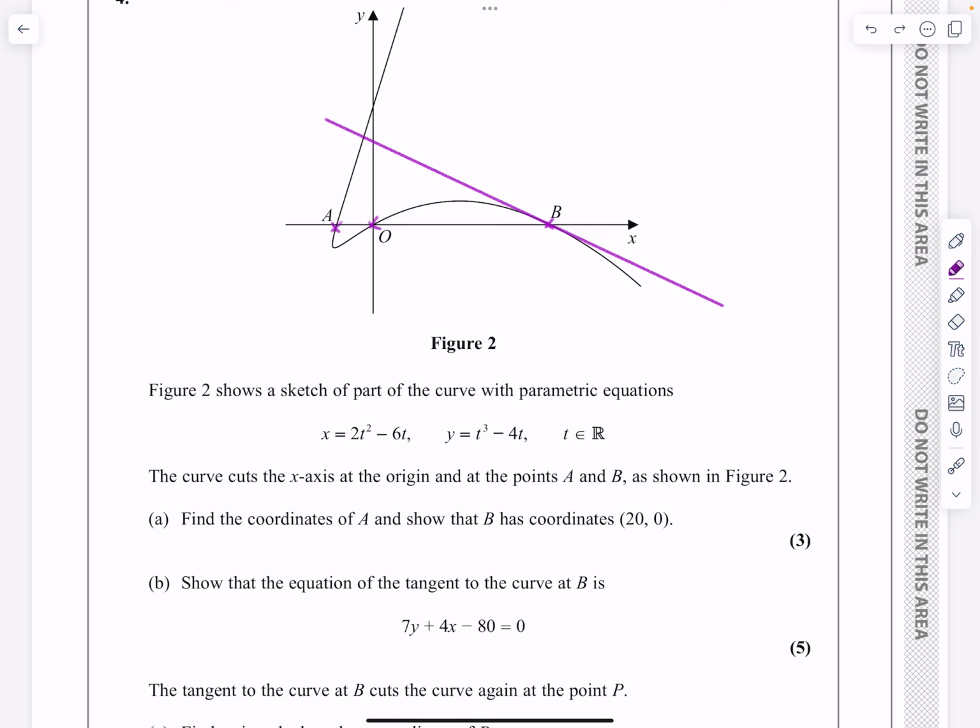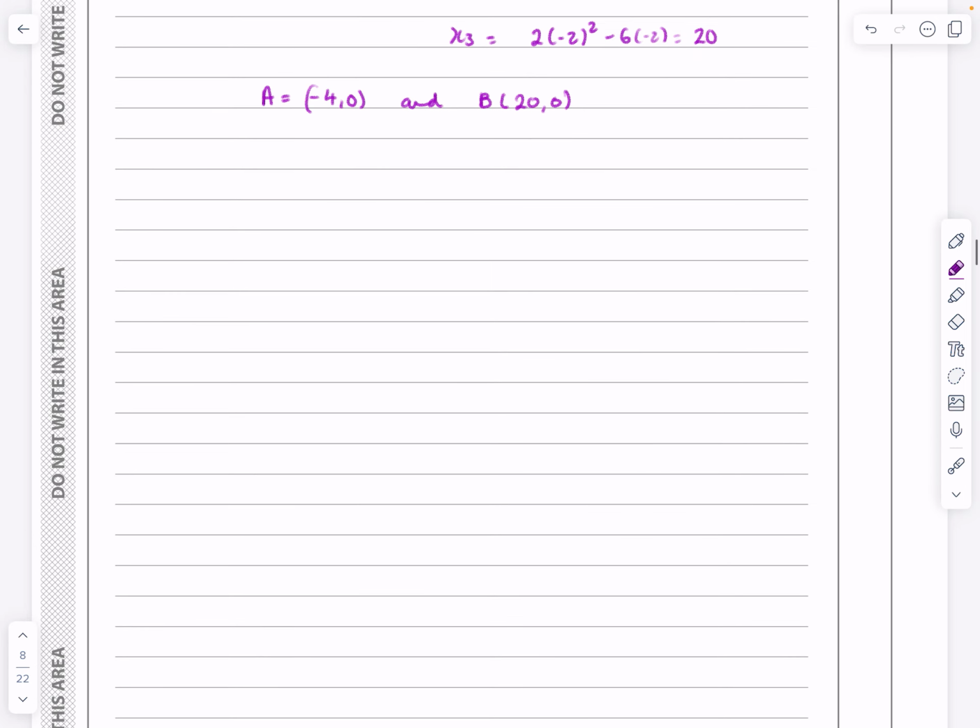So to find the equation of the tangent at B, remember we know that B is the point (20, 0) here. I'm going to use the equation of a straight line, part B, equation of a tangent, but basically the equation of any straight line is y minus y1 equals m(x minus x1).